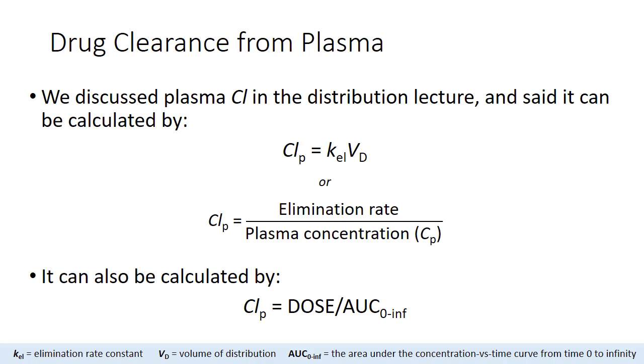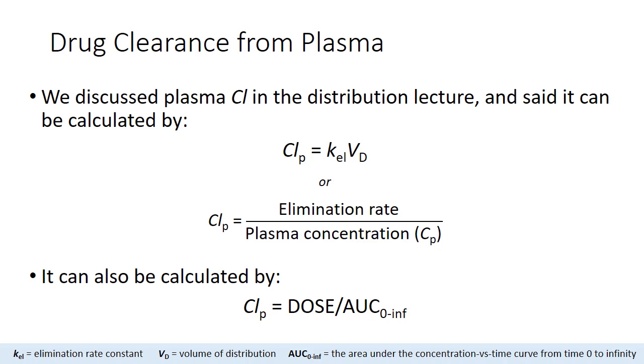Now, remember I mentioned that KEL and clearance are not identical, and that's because the KEL is calculated when distribution has finished. You don't have to know that detail, but I want you to understand that it's not identical to clearance.